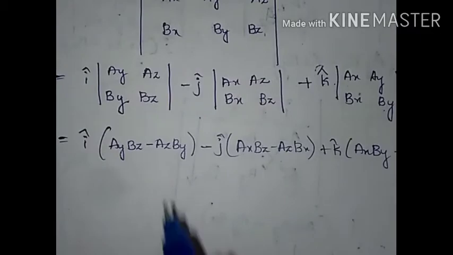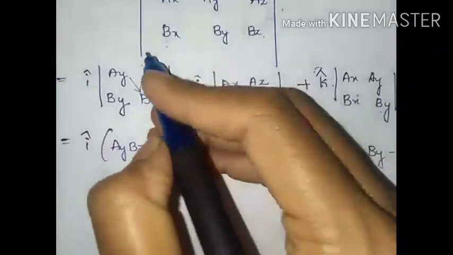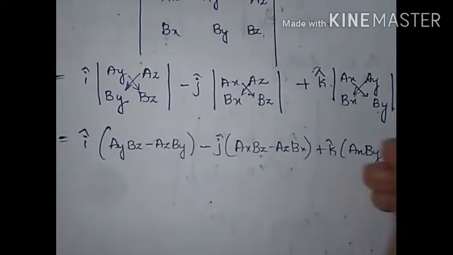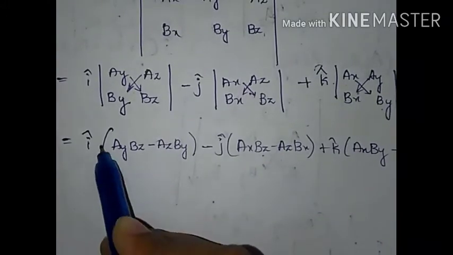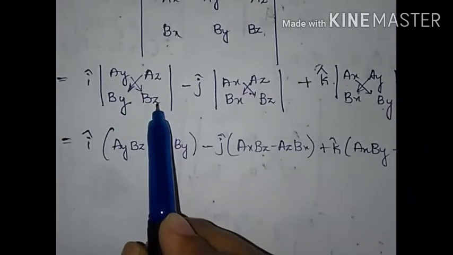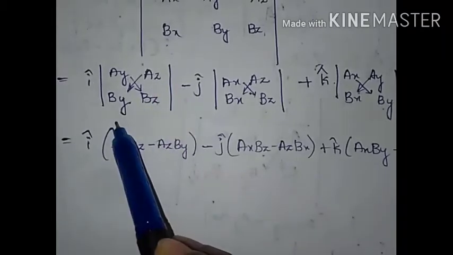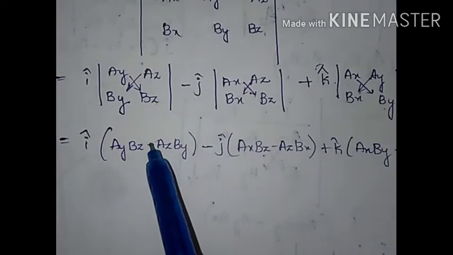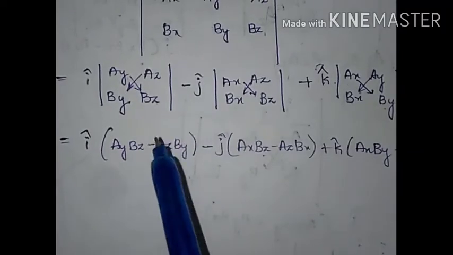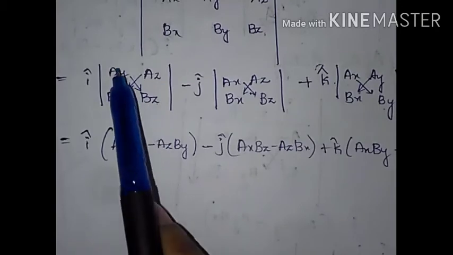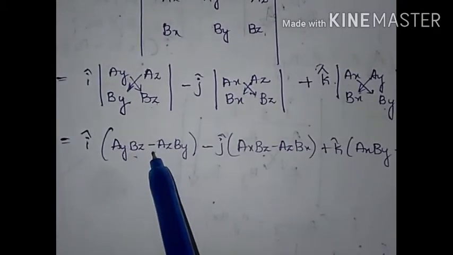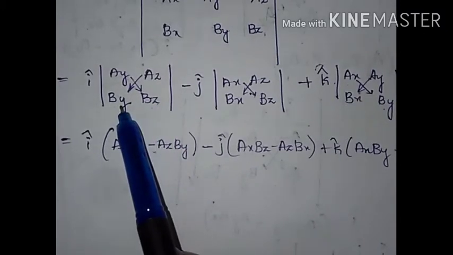Now you have to do the cross multiplication. So i cap will be Ay Bz minus Az By. Whenever you do the cross multiplication, the second term takes the negative sign.